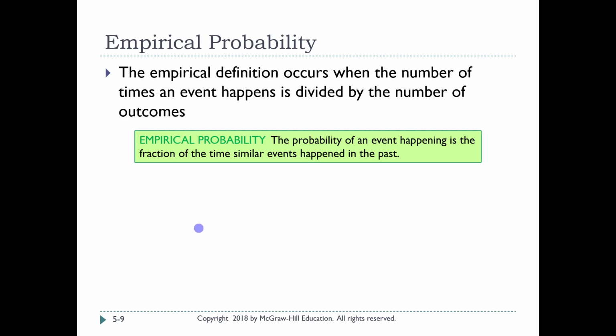So that was classical, where we're relying on the underlying theory to calculate the probability. We can also rely on past data. With empirical probability, we look at what has happened in the past to get a sense of the probability of an event happening in the future.